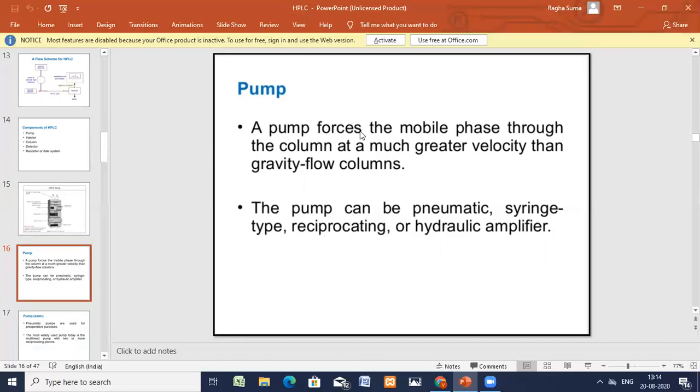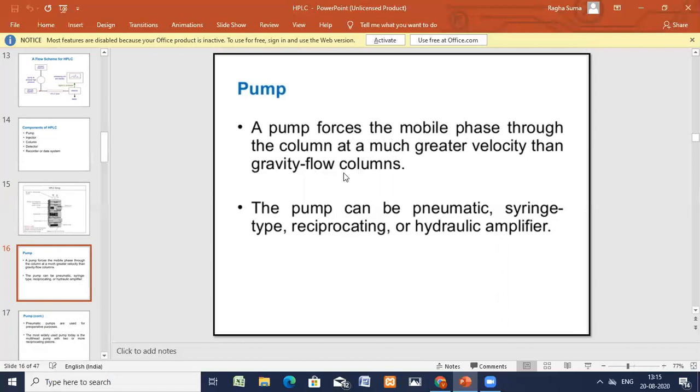The pump forces the mobile phase through the column at a much greater velocity than gravity flow columns. Why is it doing this? Because the pump forces the mobile phase through the column with great velocity.